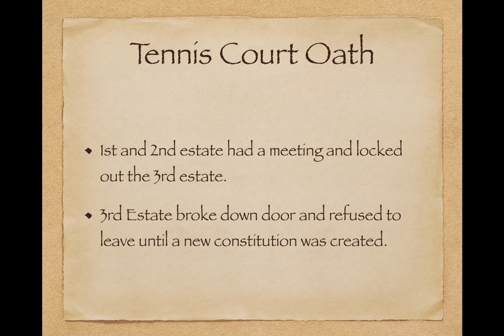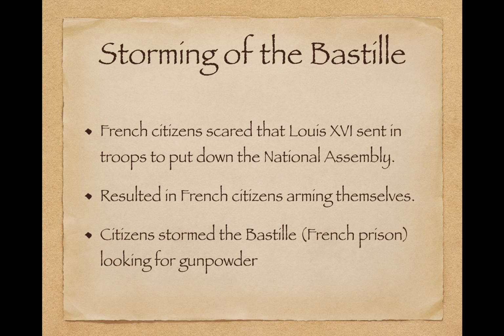So what ends up happening, and we should all remember this, this is a review, is that the third estate actually break down the door to the indoor tennis court, and they refuse to leave until a new constitution is created. So at this point, Louis needs to figure something out.